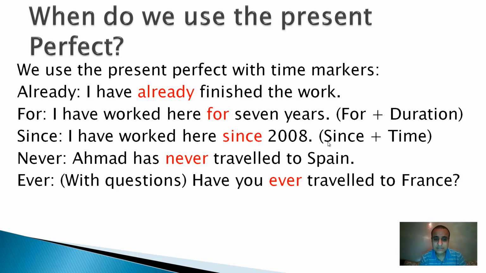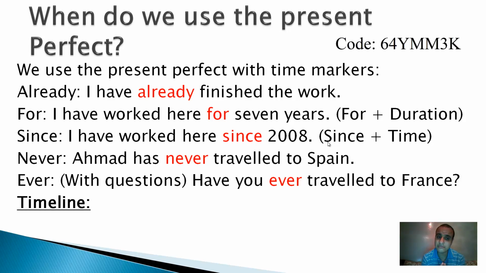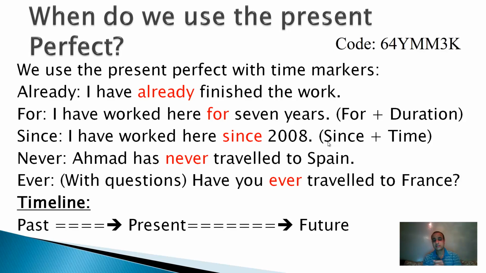Now we are going to see the timeline. So we use the present perfect with already, for, since, never, and ever, and we use it with this timeline. This is the past, this is the present, and this is the future. The action in the present perfect starts in the past and continues to the present.